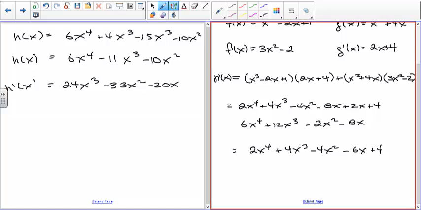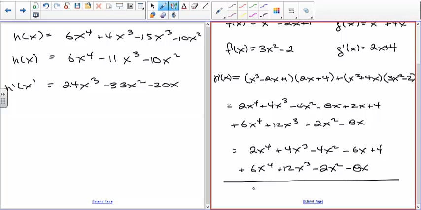Okay, and here we can combine actually none of them, so I'm just going to put a plus sign there. Plus 6x plus 12x cubed minus 2x squared minus 8x. Okay, now we'll add them. So we'll get 8x to the fourth plus 16x cubed minus 6x squared minus 14x plus 4.